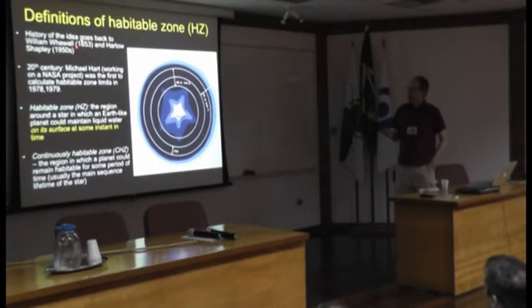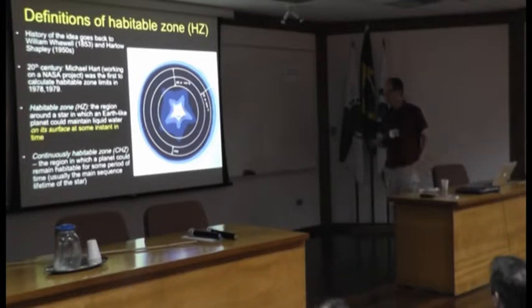But people didn't really try to put numbers on where this habitable zone was until the 1970s, when a scientist working on a NASA project, Michael Hart, tried to estimate where exactly the habitable zone is, so the distances where it's too hot and where it's too cold, the limits to this habitable zone.